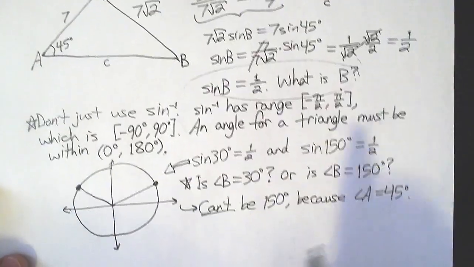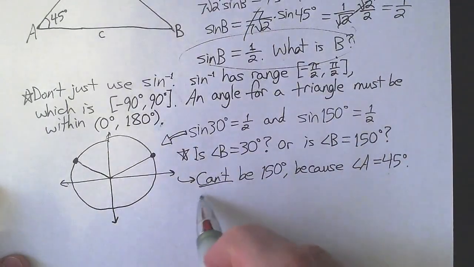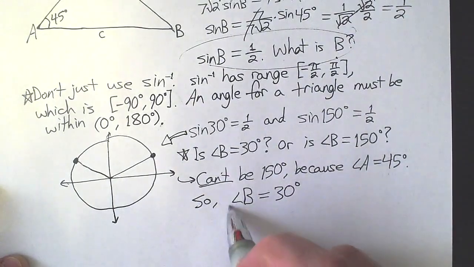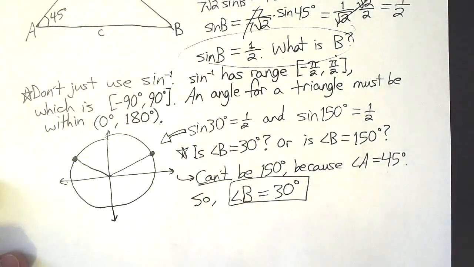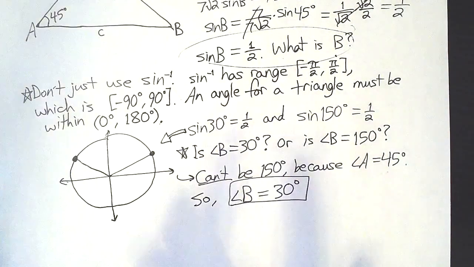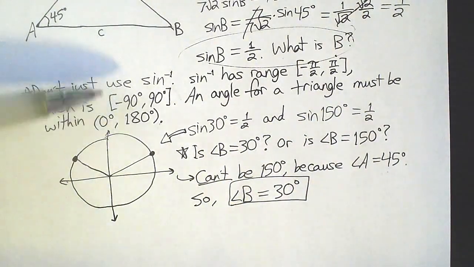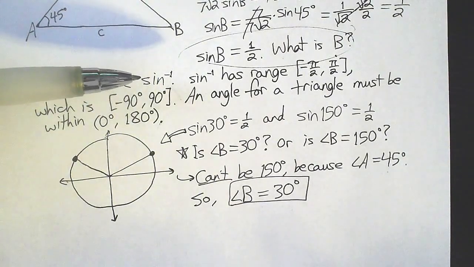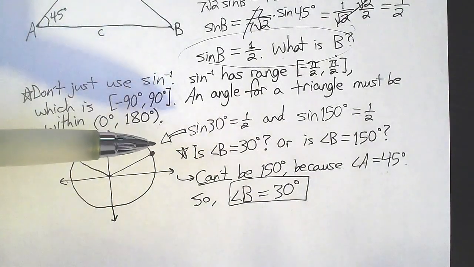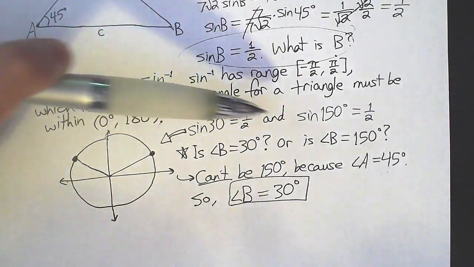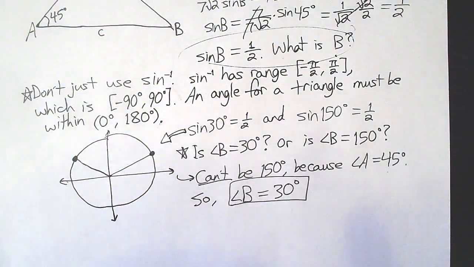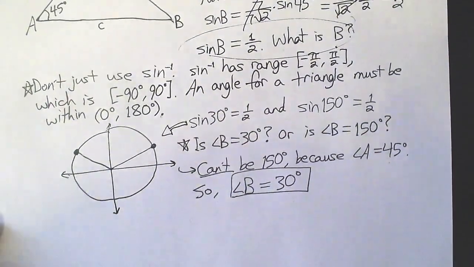It would put us over 180 already. So what we can conclude is that this has to be 30 degrees. So in this whole discussion, I said we don't want to just use inverse sine. We want to figure out what the possible options are and then use some kind of reasoning to figure out which one is correct. In this case, it was the 30 degrees.